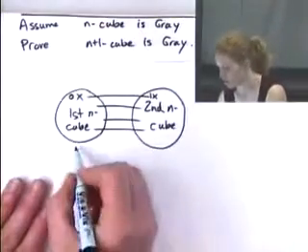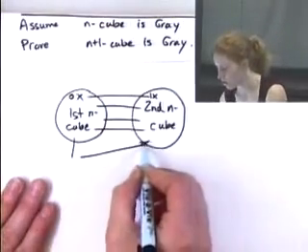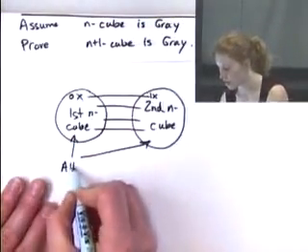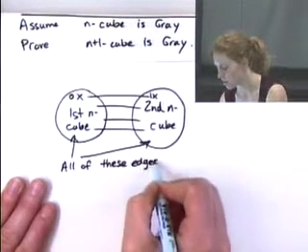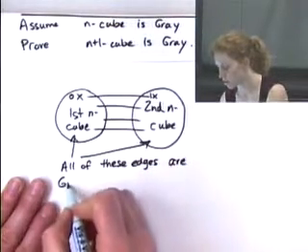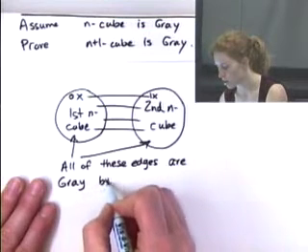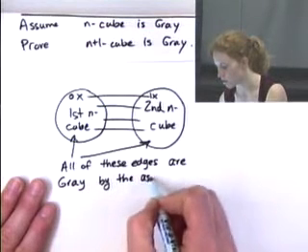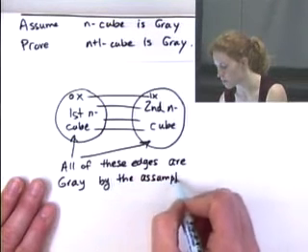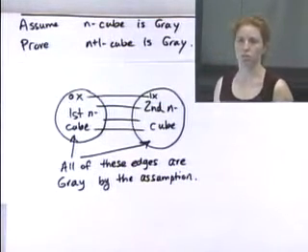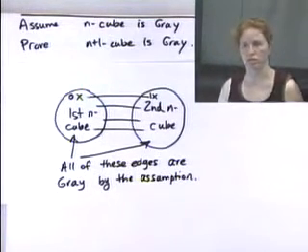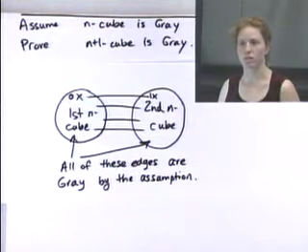So all of these edges on the inside are gray by the assumption, because all n cubes are gray. If it's gray, that means all the edges are between vertices that differ in 1 bit.